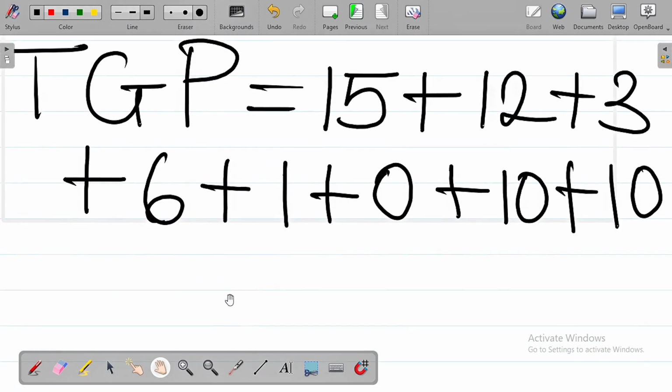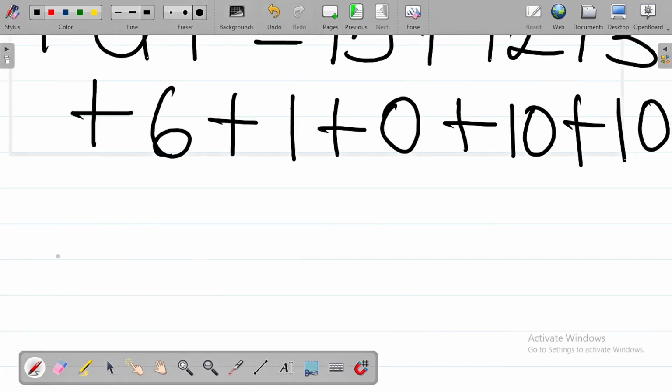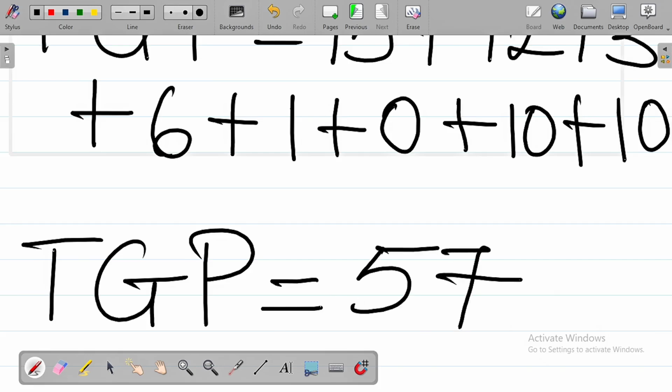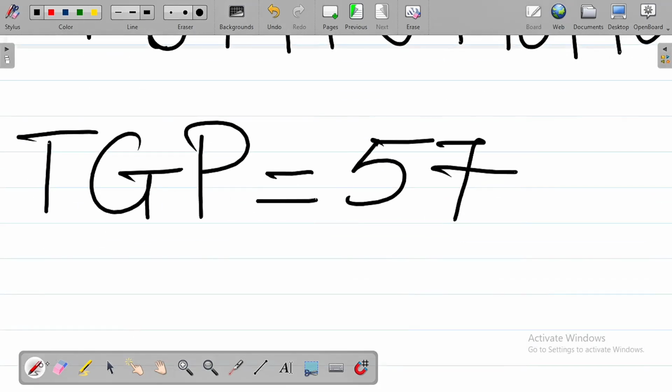So kindly punch your calculator. All right, so TGP, the total grade point, is equal to 57. So this is the total grade point for first semester.